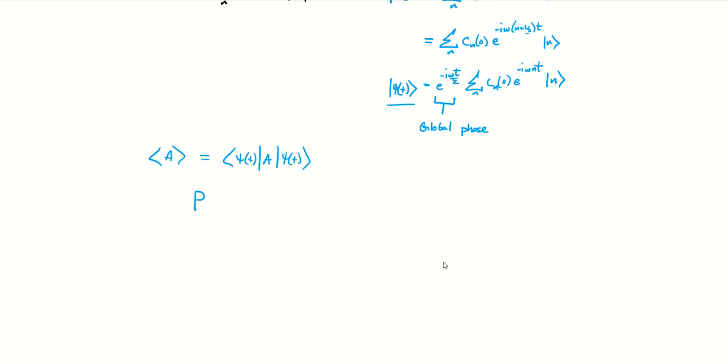The probability of some measurement, say A, is just the projection onto the state that represents that measurement outcome times our time-dependent state function, squared. So we can do all of these things and figure out whatever we want. Let's do a quick example of that.